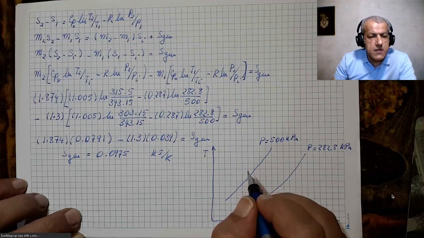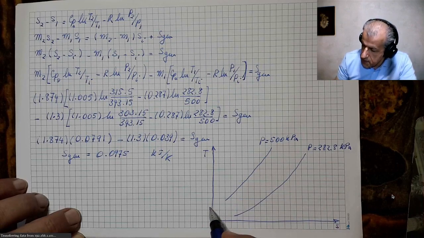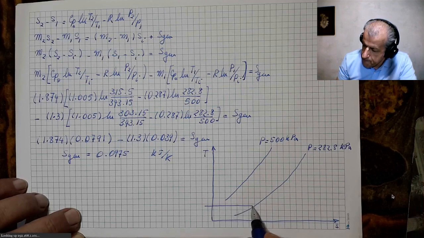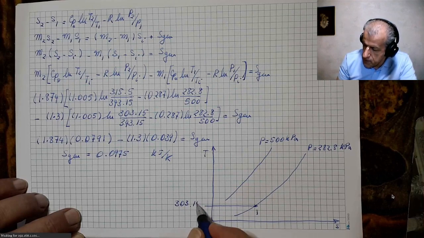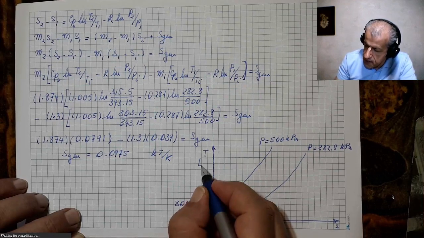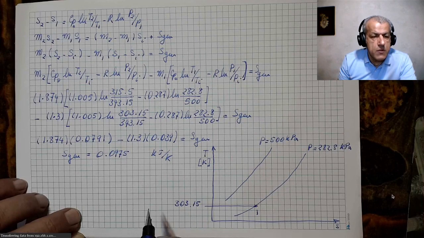These are the two constant pressure lines. Point 1 is here, perhaps. This is point 1, where temperature is 303.15, and I put a Kelvin here so that all temperature values that I point are in Kelvins.